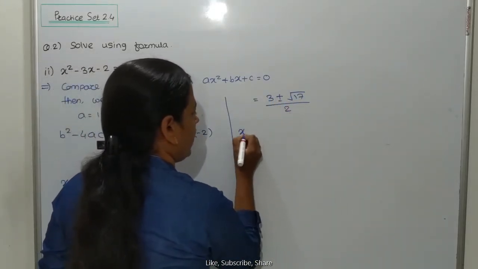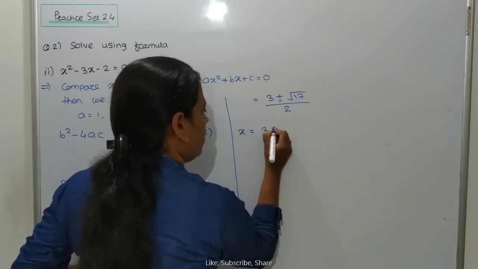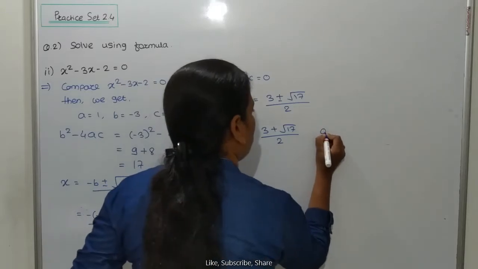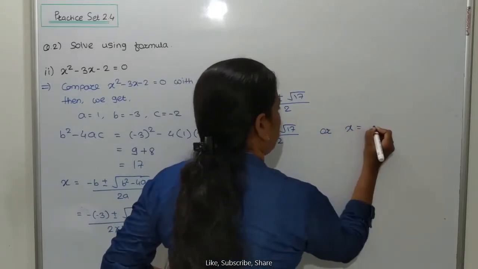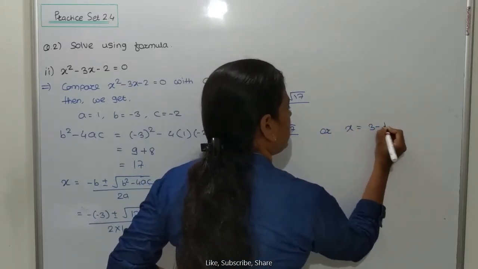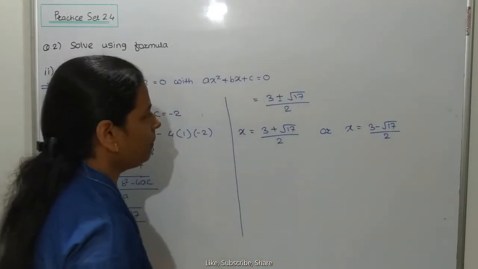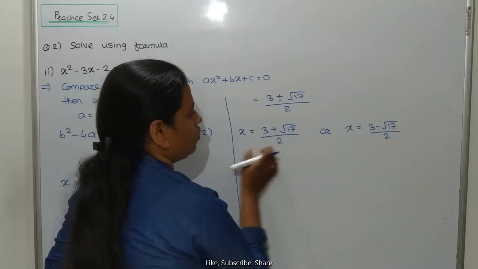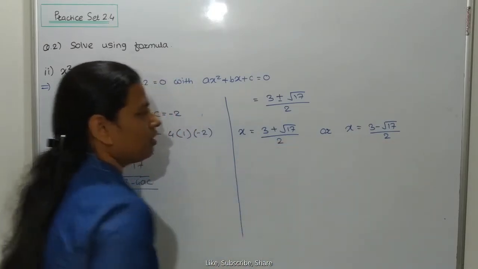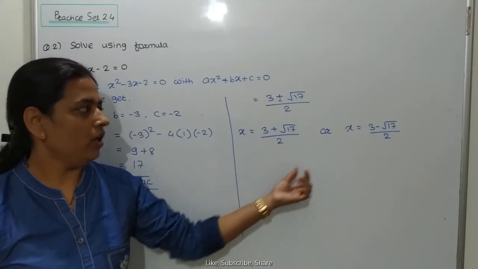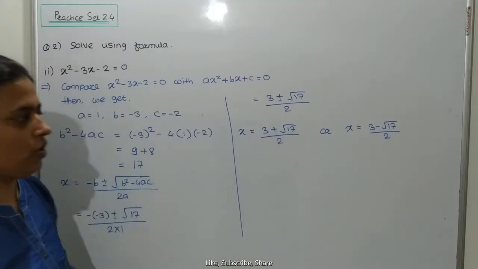That means we have to write here x is equal to 3 plus root 17 upon 2 or x is equal to 3 minus root 17 upon 2. Okay. So we have to get these two values of x. Can we simplify it furthermore? No, we cannot simplify it.